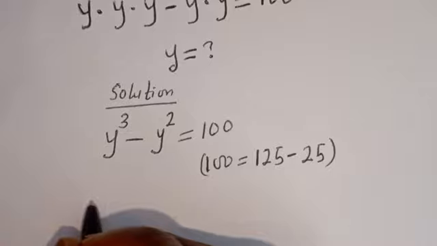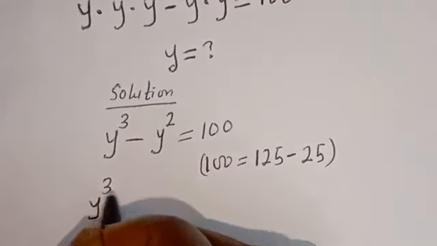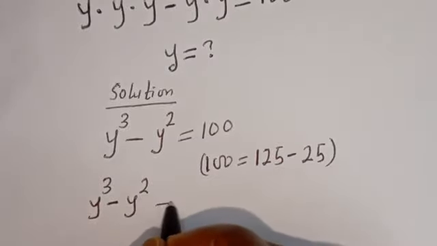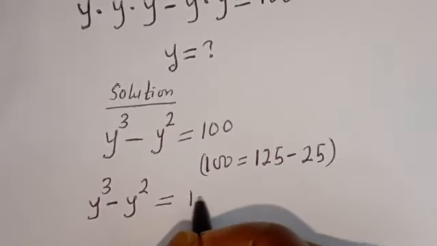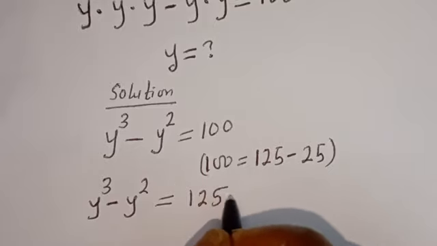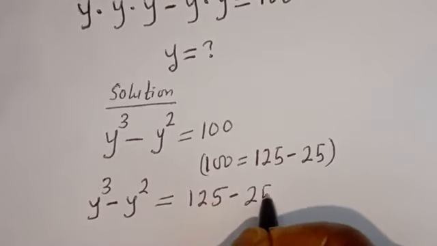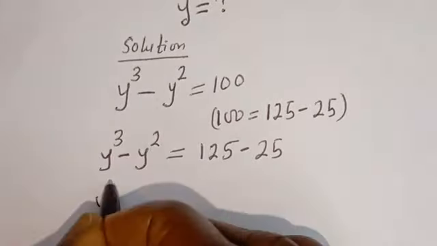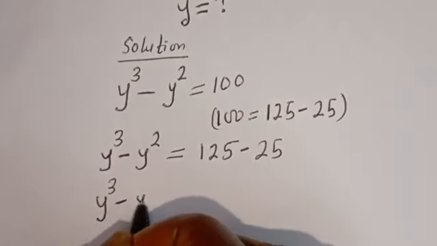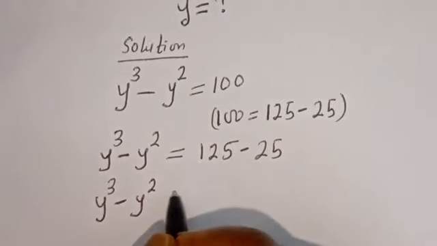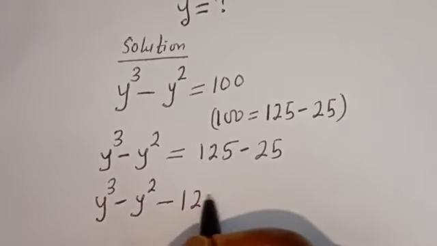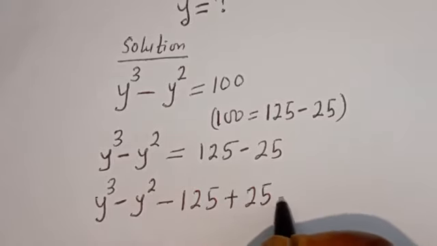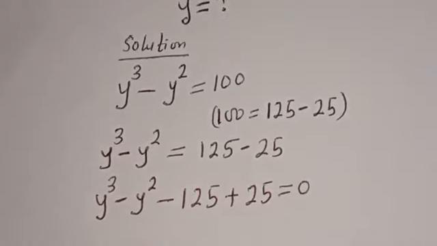Then here we have y to the power of 3 minus y square is equal to 125 minus 25. Then this is y to the power of 3 minus y square minus 125 plus 25 is equal to 0.